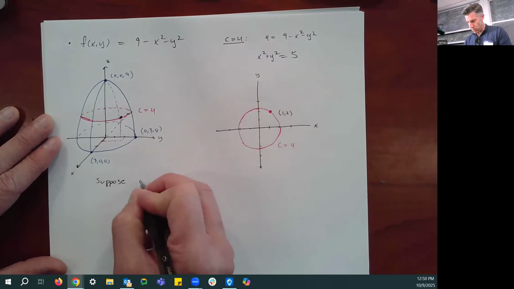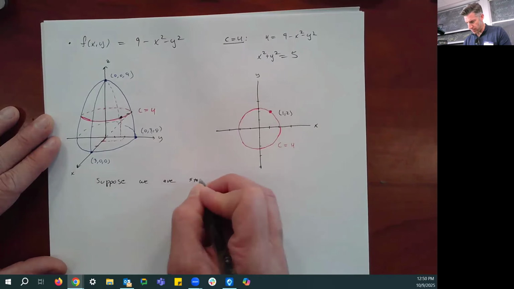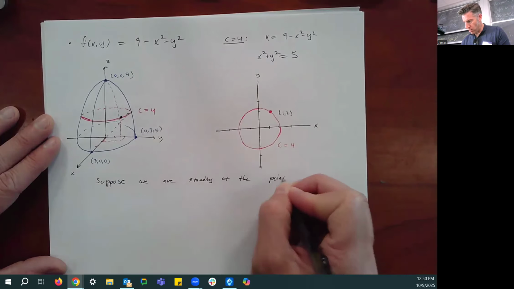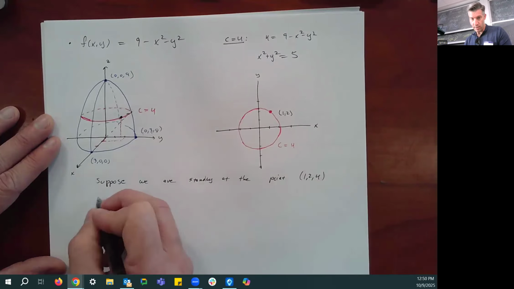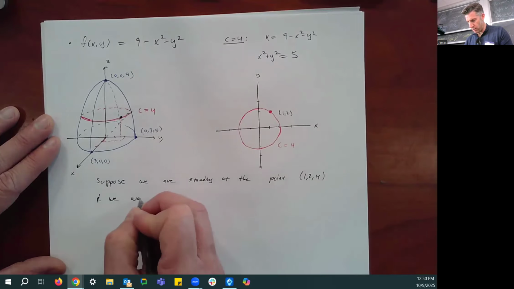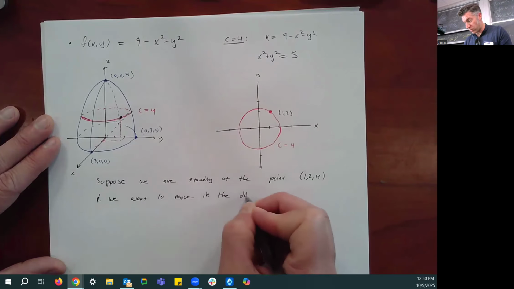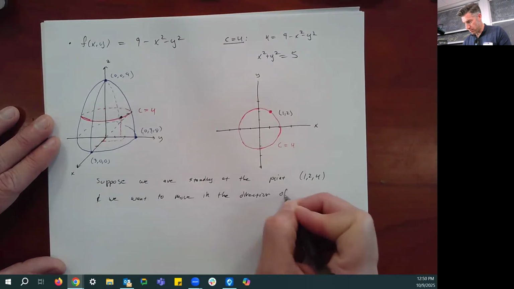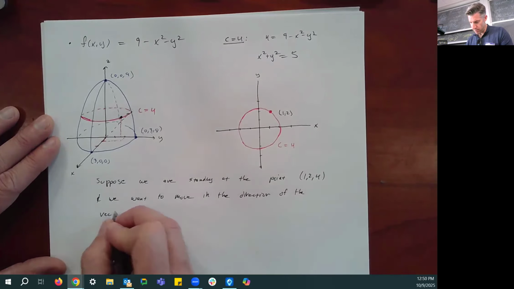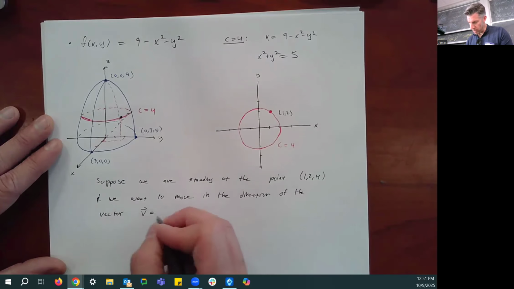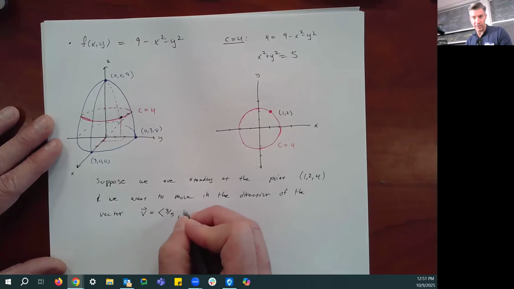Suppose we are standing at the point 1 comma 2 comma 4, and we want to move in the direction of the vector v equal to 3/5, comma 4/5.